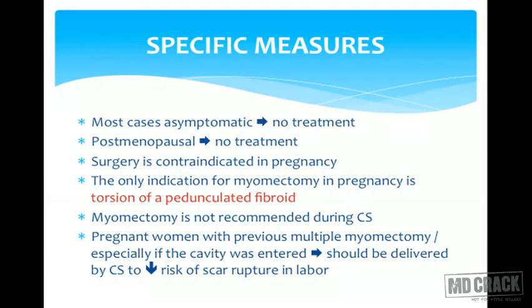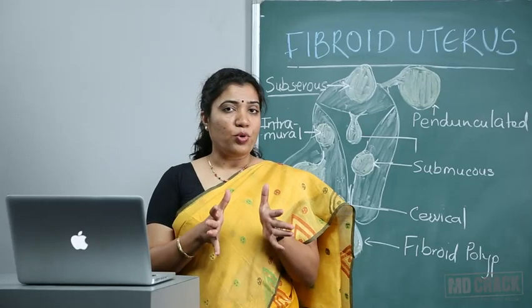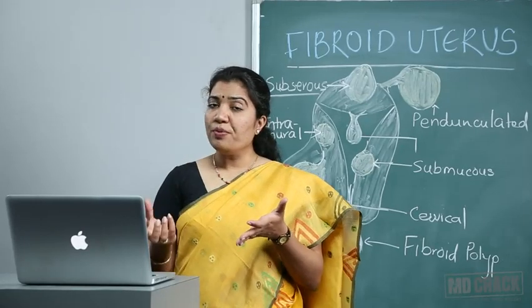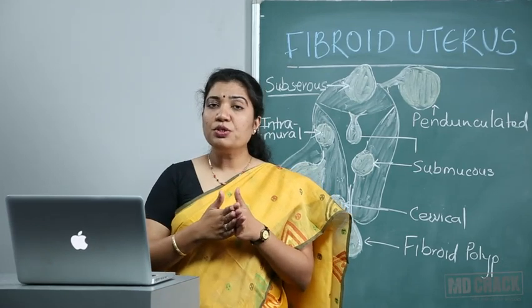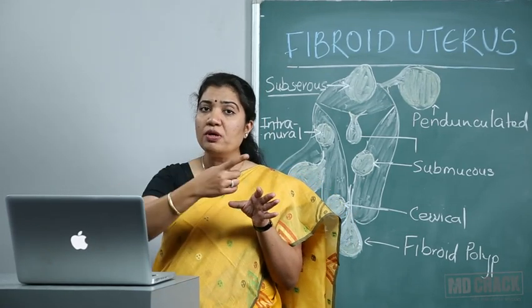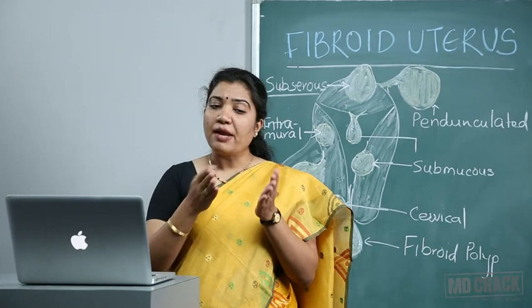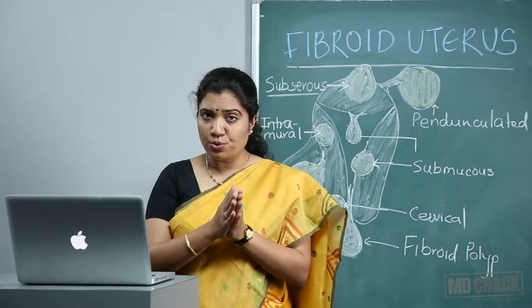Pregnant women with previous multiple myomectomy, especially if the cavity was opened during myomectomy, in that case we have to take care of that scar. Are you getting my point? When we remove the myoma, we take an incision on the uterine wall, shell out the myoma from its false capsule and reclose it. So we reconstruct the uterus again.